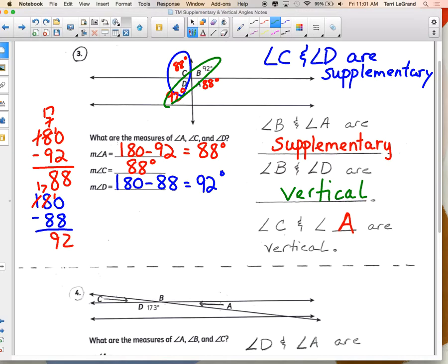So we could use the supplementary relationship that Tyler set up, or we could use the vertical relationship that Paikia just talked about, because did we know the measure of angle B to help us find the measure of angle D? Yeah, we knew angle B was 92, so that means D has to be 92, doesn't it? Okay.